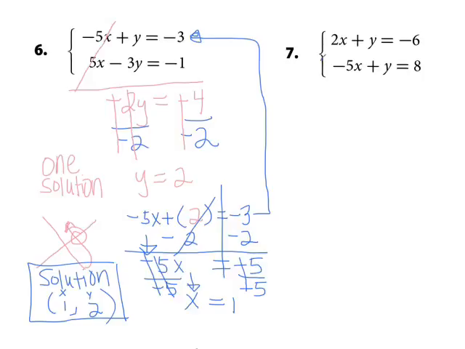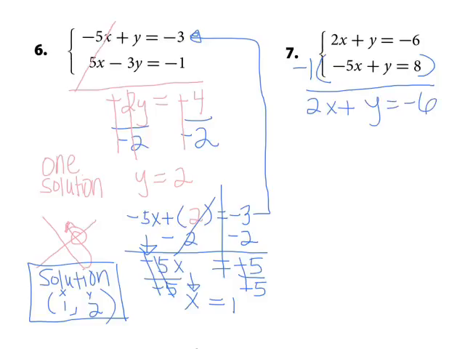So I'm going to change the bottom equation by multiplying everything by a negative 1. Now, a negative changes all my signs, but multiplying by 1 is not going to change any of my numbers. The first equation is not going to change at all, so I'm just going to rewrite it, but I'm going to change the bottom equation.